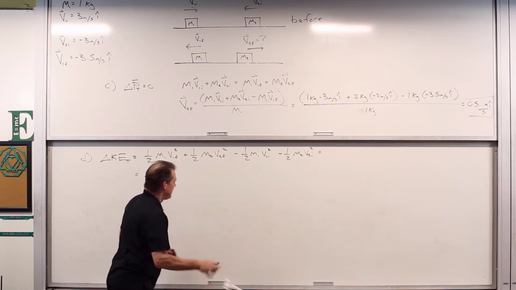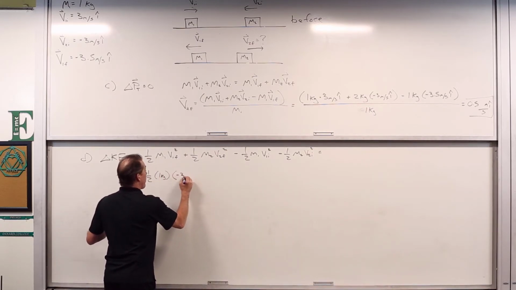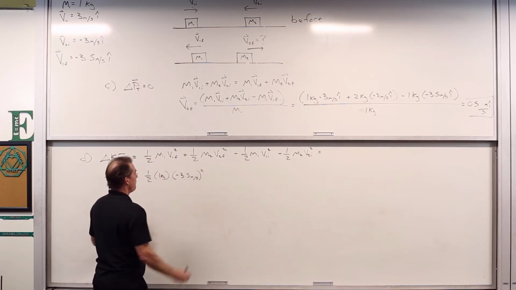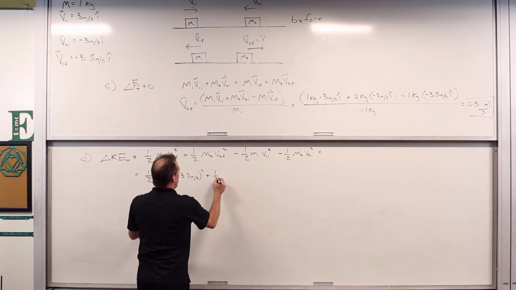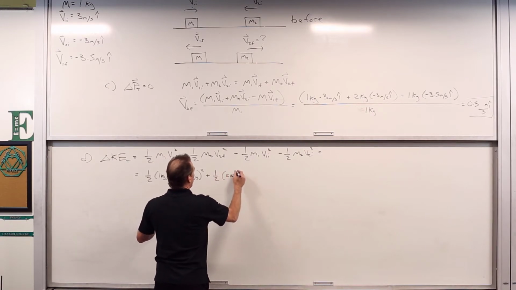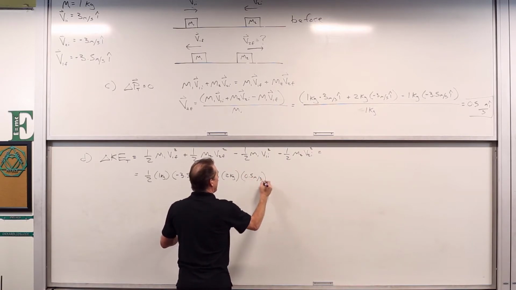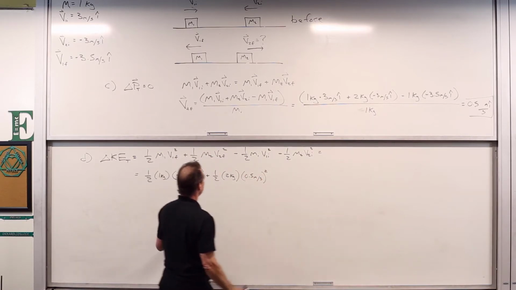We've got negative 3.5 meters per second quantity squared plus 1/2 times 2 kilograms times 0.5 meters per second quantity squared. There we go.